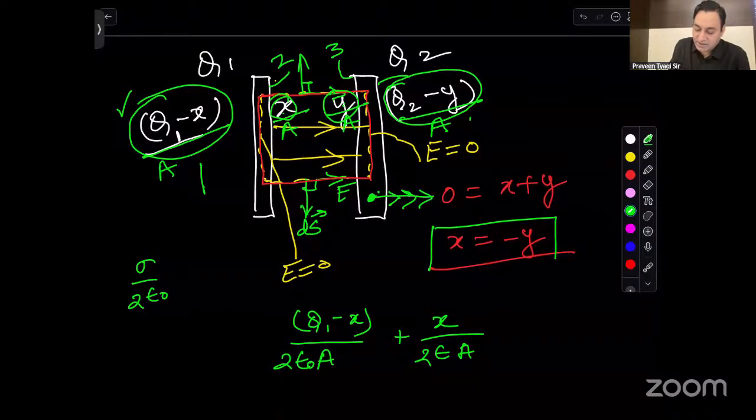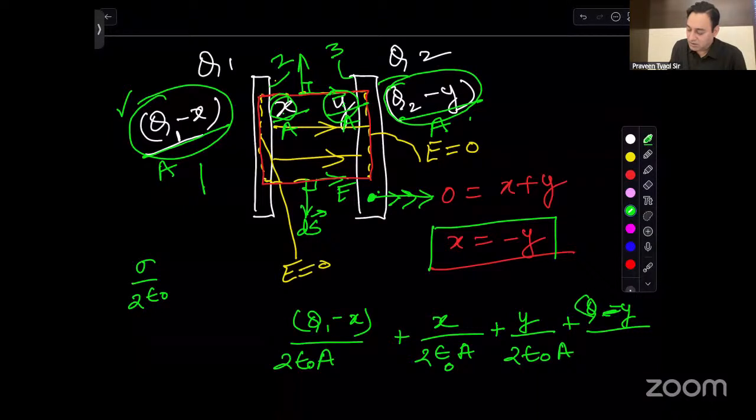It will be in this direction, Y upon 2 epsilon naught A. And Q2 minus Y upon 2 epsilon naught A.